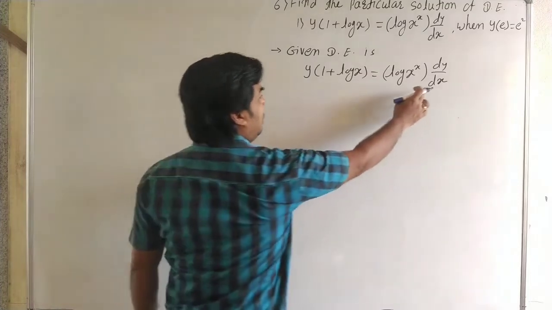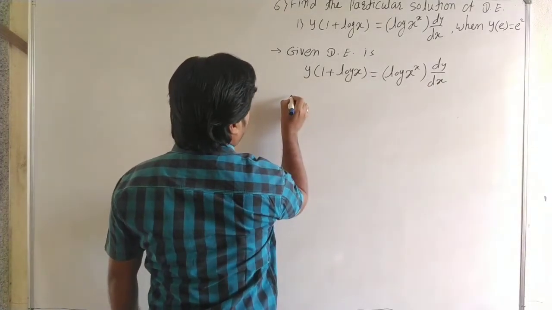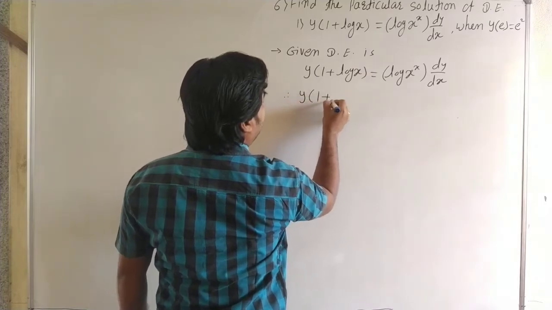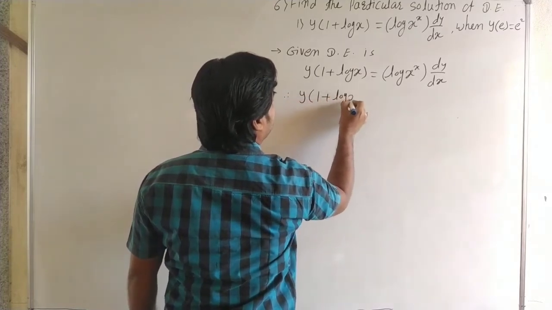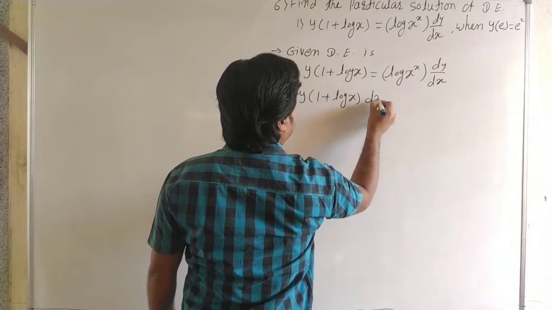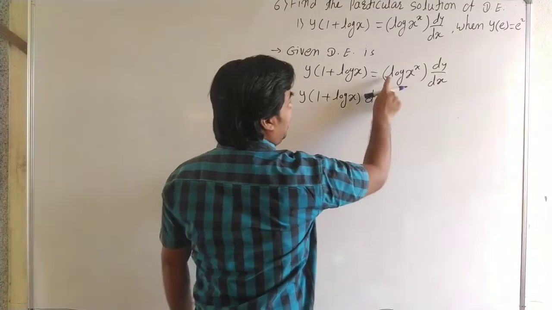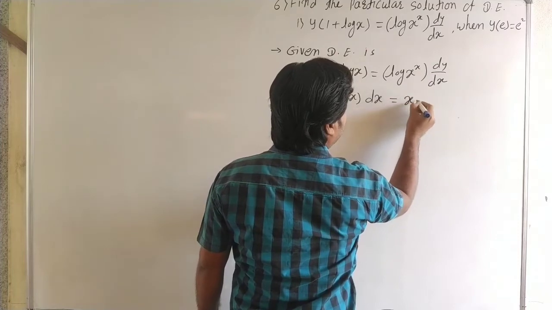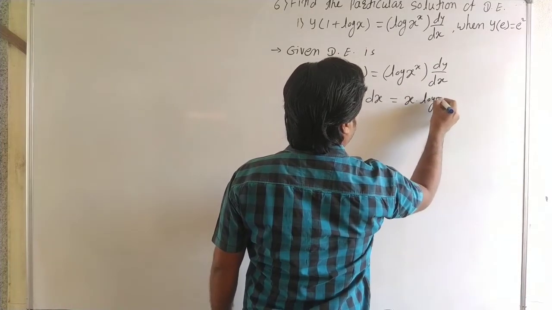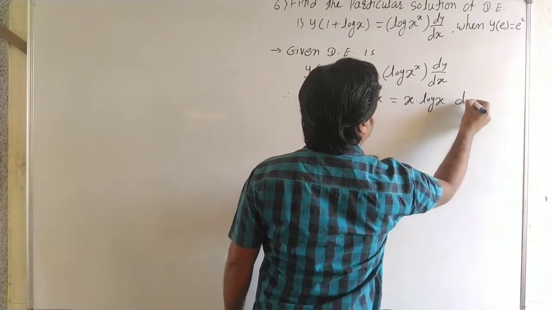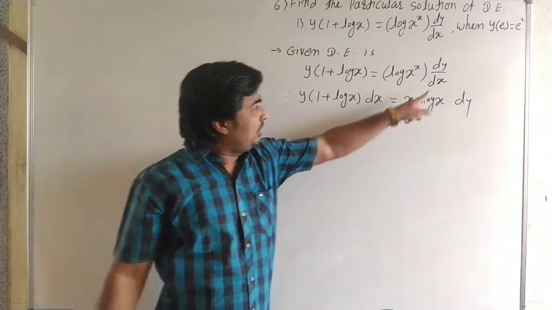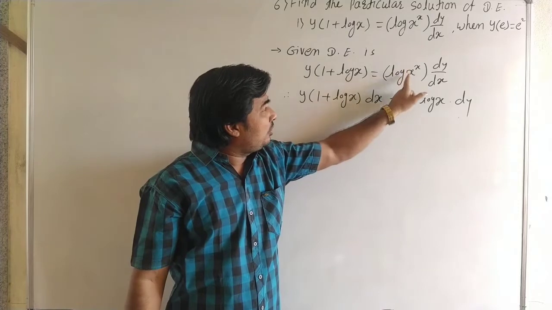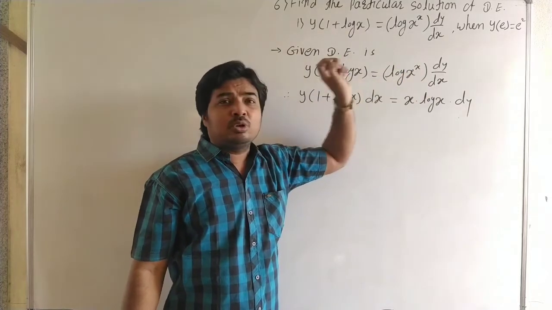Okay. Now see carefully. Here it is y into 1 plus log x dx is equal to, here log of x to the power x can be written as x into log x into dy. See carefully, we write only this dx in the LHS, and for log of x to the power x we use the property of the logarithm.